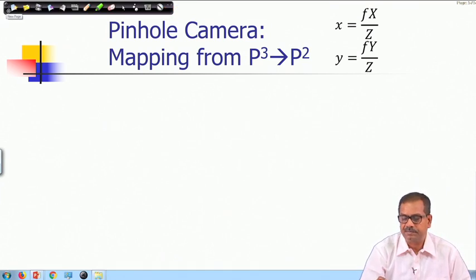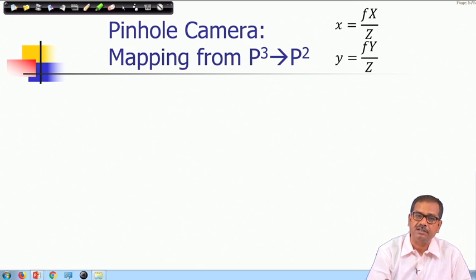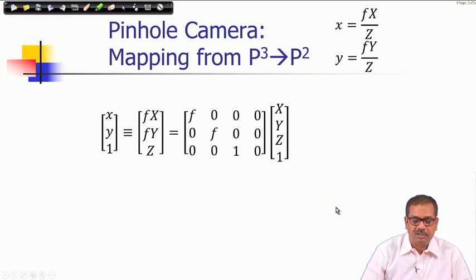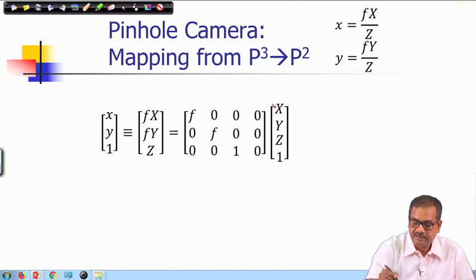This equation can be represented in matrix form if I use a homogeneous coordinate system for representing the points. How can we do it? Let us see. This is the representation. As you can see, the coordinate point x, y, z in the homogeneous coordinate system has an additional dimension.